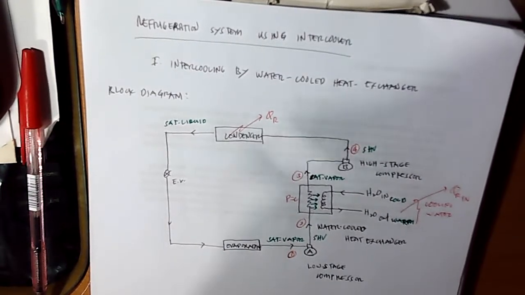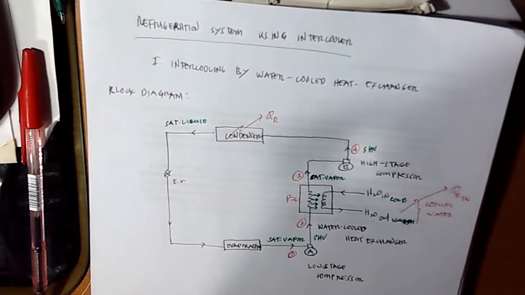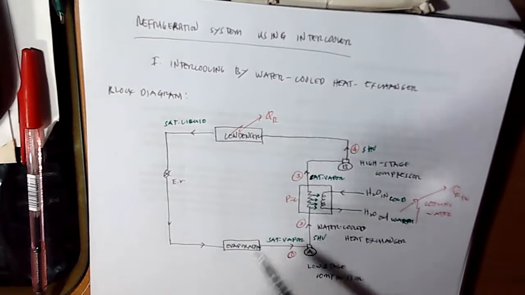Once again, another cooling water coming from a cooling tower or a high velocity air that will absorb or reject all the heat coming from the refrigerant side, then later on convert that into saturated liquid.